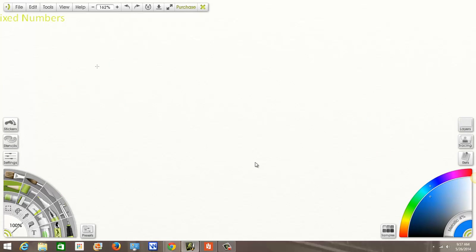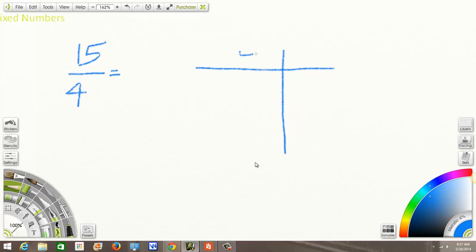So choose a number like 15 and divide it by another number like 4. Well, let's look. How many times does 4 go into 15? What's the closest multiple of 4 that can go into 15?